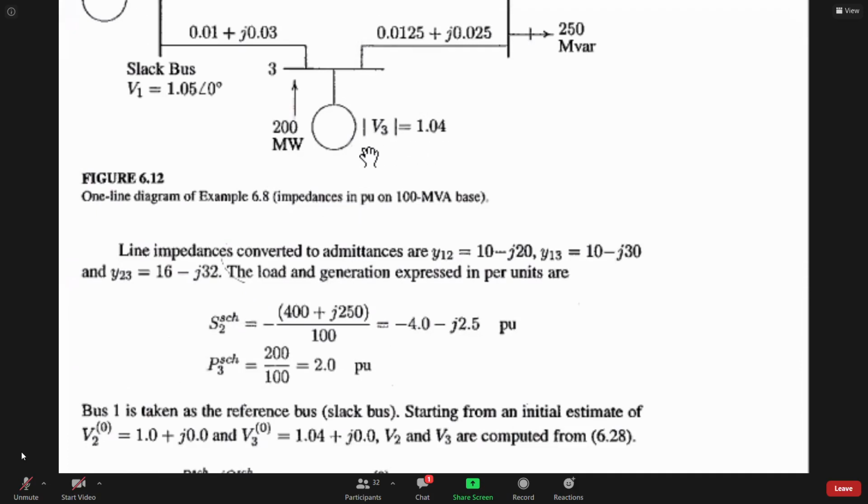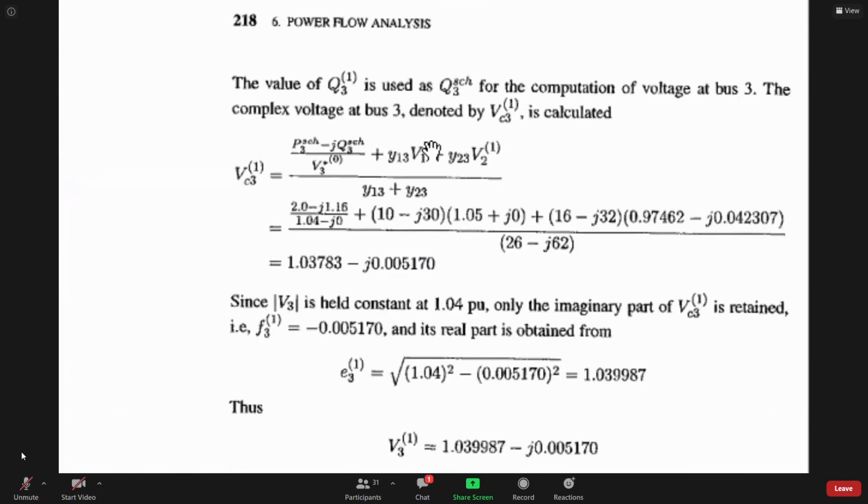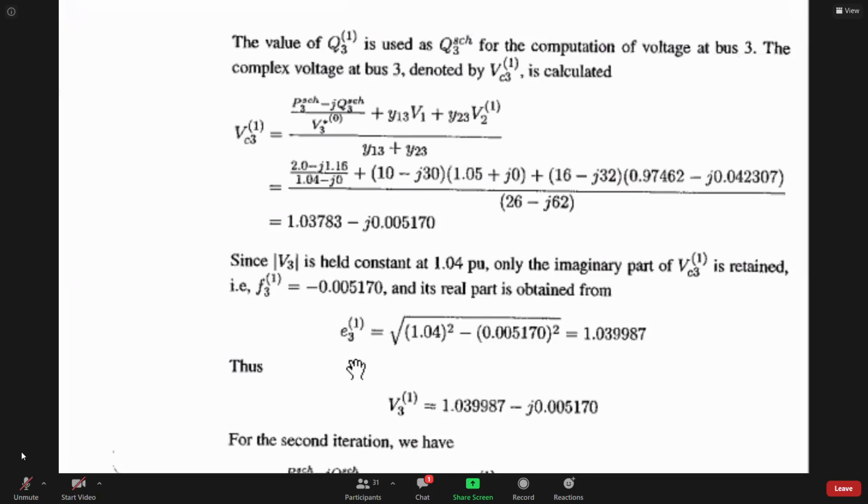You have to keep the voltage at that value, so you have to make the error calculation. Actually, to keep that value at 1.04, you have to take the imaginary part, and from there you can get some real part, and that real part is deviated from the calculated real part.